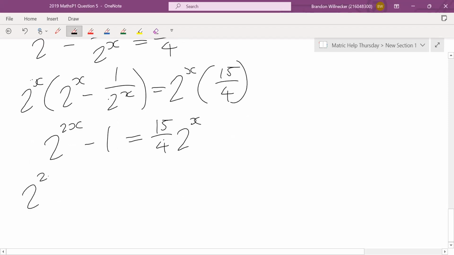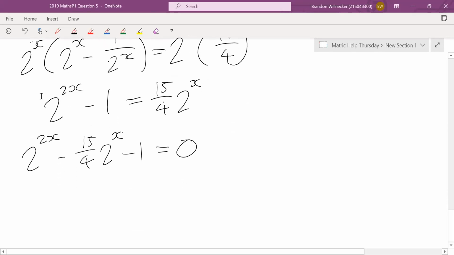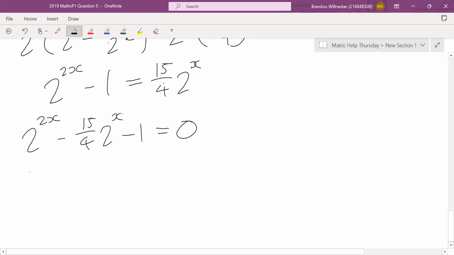So this will be 2 to the 2x minus 15/4, 2 to the x minus 1 is equal to 0. Okay, still looking a bit strange. However, we note that 2 to the 2x can be rearranged.